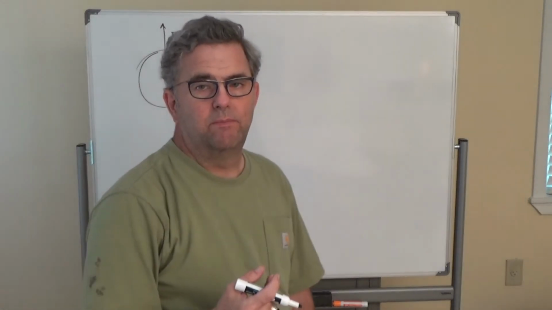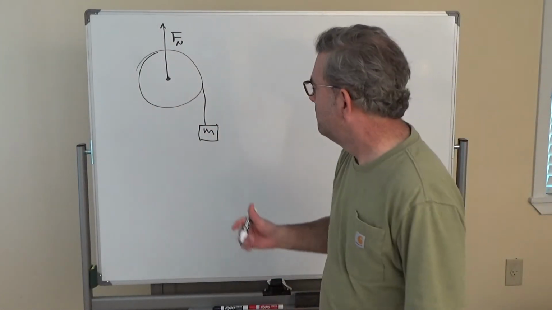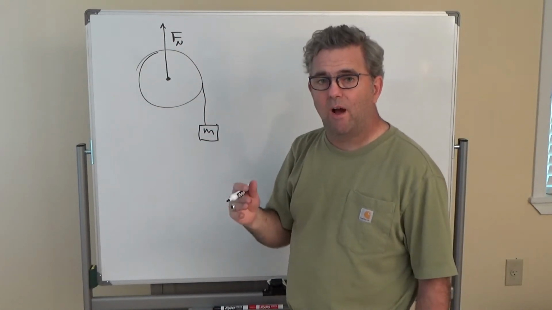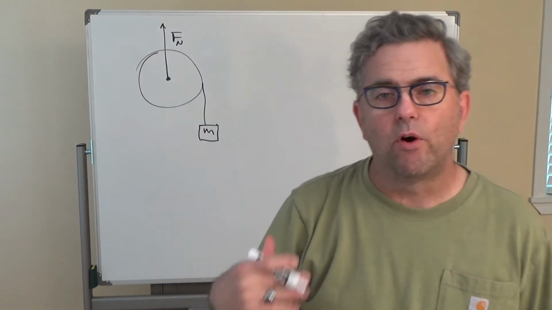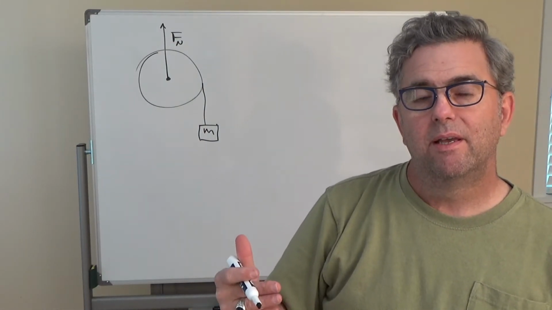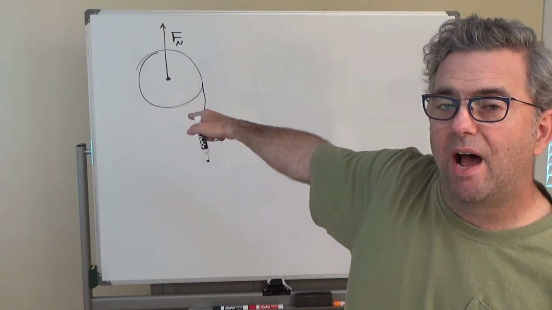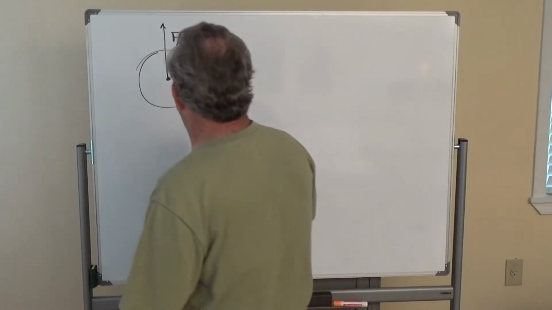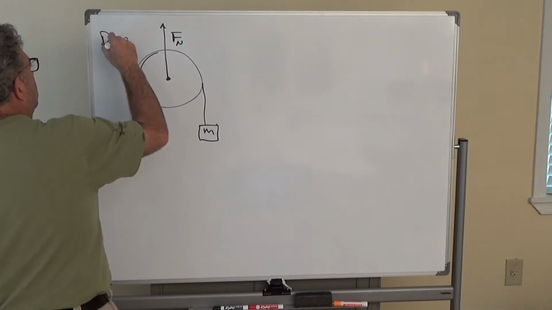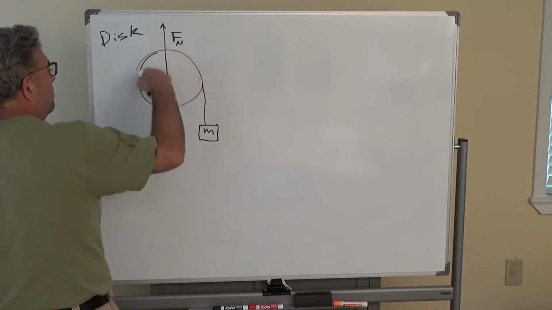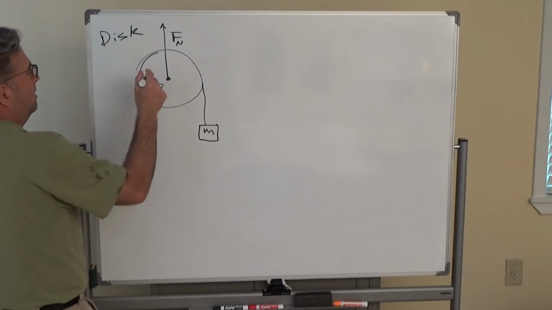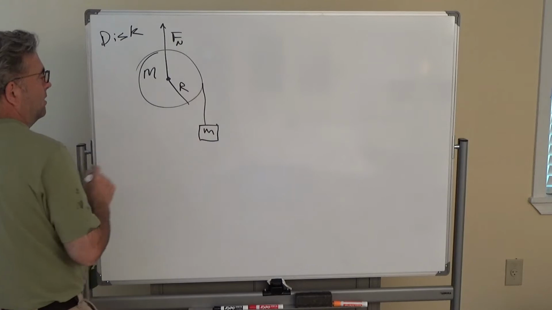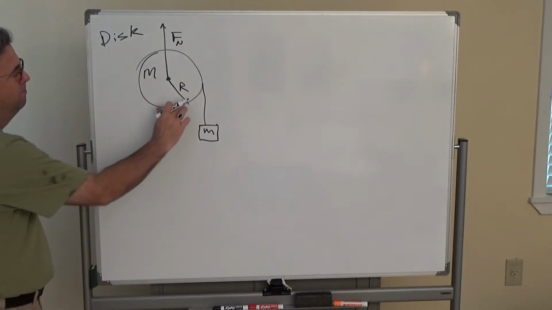So what's going to happen? You release the mass, this is going to fall, and this is going to start to spin. Only now, unlike what we've been doing over and over again, that pulley is not massless, frictionless magic, okay? It has some mass. Let's say it's a disc. So it's a regular pulley, it's a disc, and it has mass M and radius R.